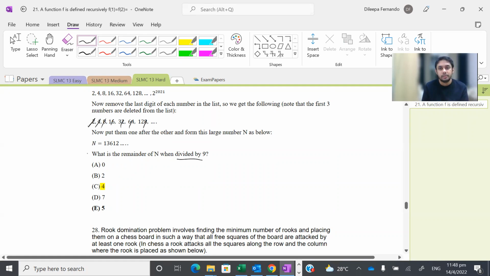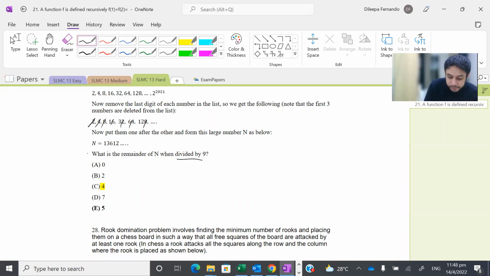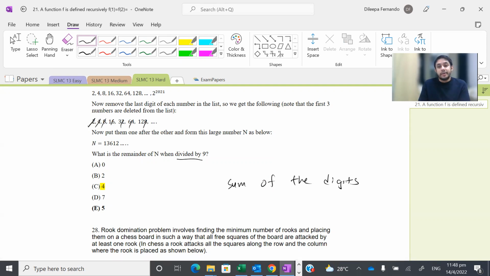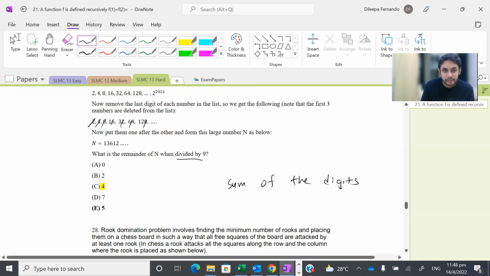If you recall, how do we compute whether a number can be divided by 9 and what is the remainder when divided by 9? We just find the sum of the digits. And if we can find the sum of the digits and the remainder mod 9 of the sum of the digits, we can easily solve this question.